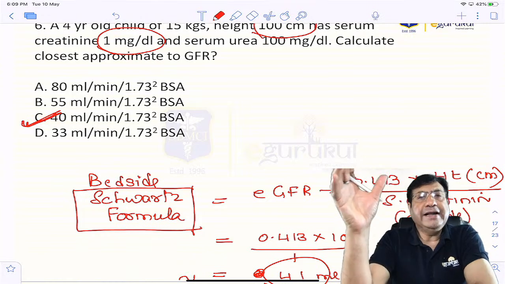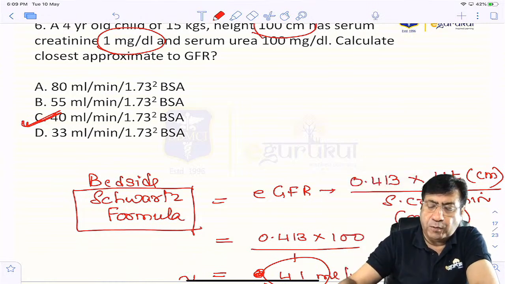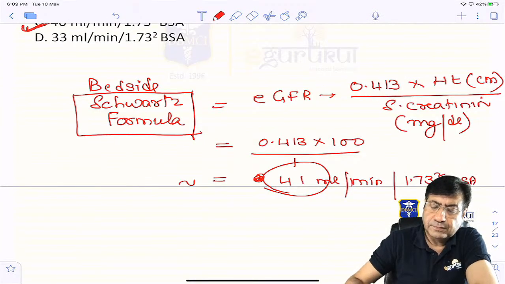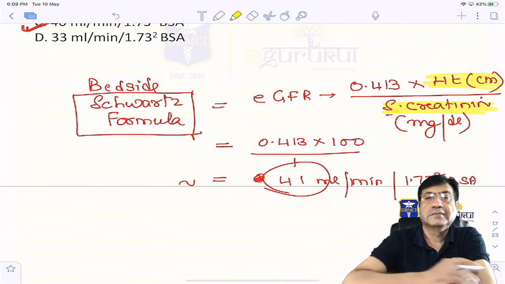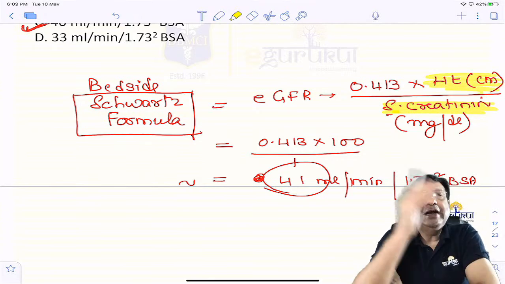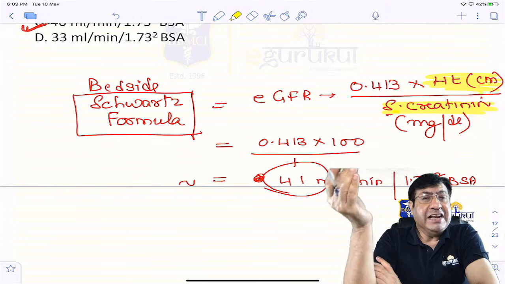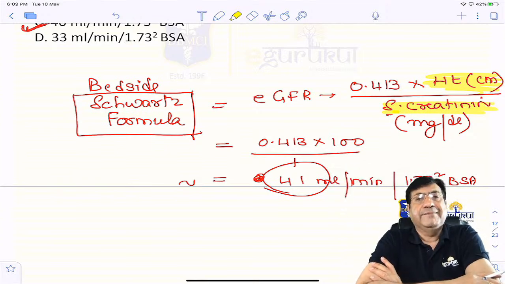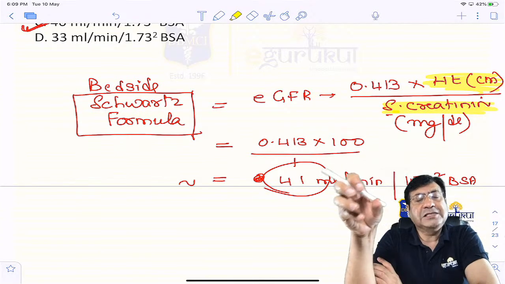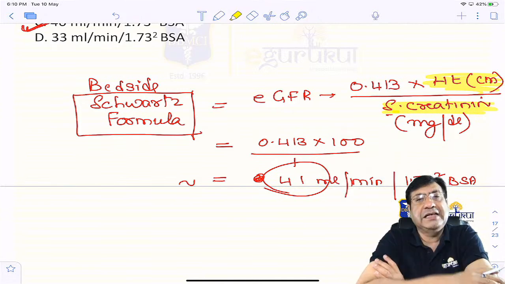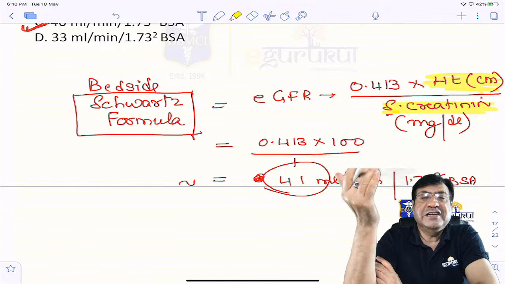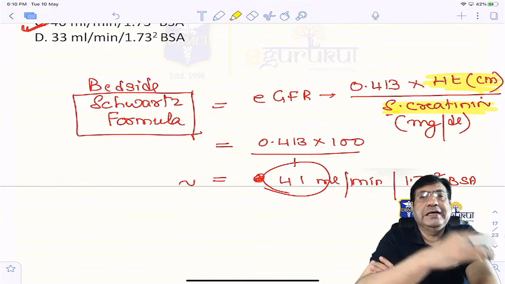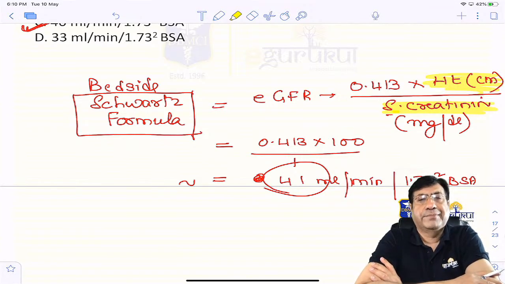So we are calculating the glomerular filtration rate based upon the child's serum creatinine and the child's height. No need to know the blood urea. Very recently, cystatin C is another variable that has been added along with serum creatinine to increase the efficiency or increase the accuracy of the estimation of GFR.